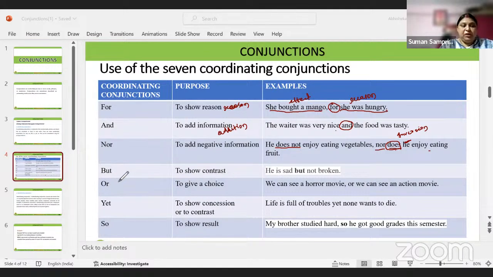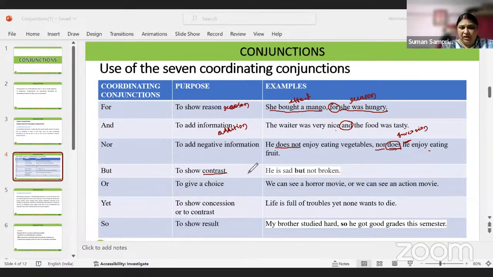Then "but" stands for contrast. "Nor" is also addition, but part of a negative structure. "But" shows contrast, two opposite ideas.